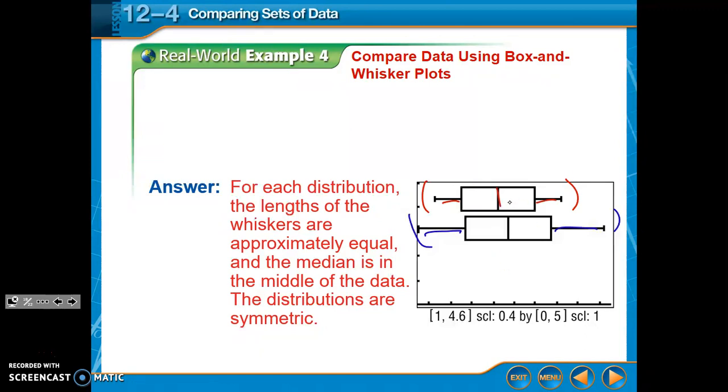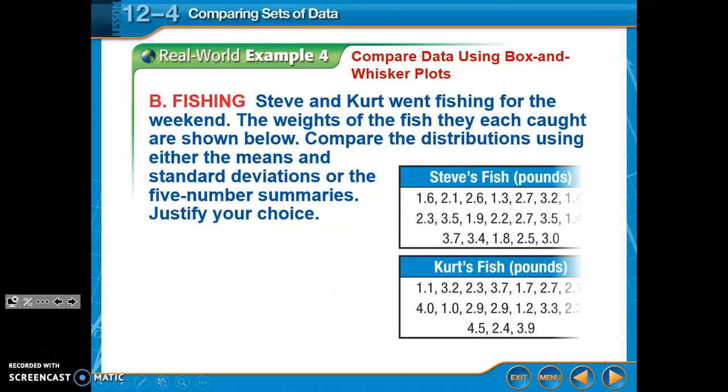So because of this, these are both symmetric distributions. Okay? The next part says compare the distributions using either the means and standard deviations or the 5-number summaries. Justify your choice. So because they are both symmetric, we can use the mean and standard deviation.